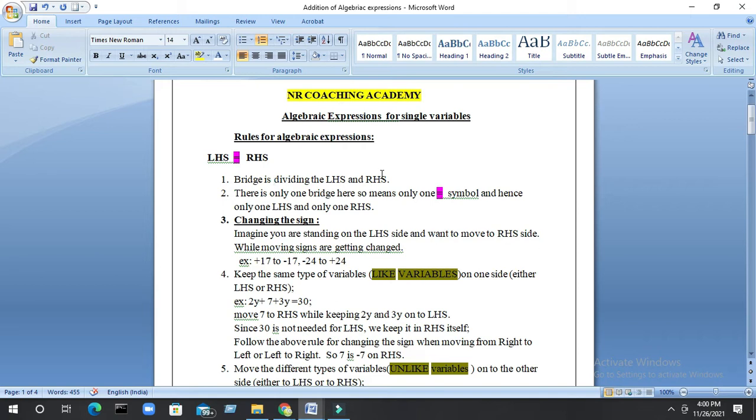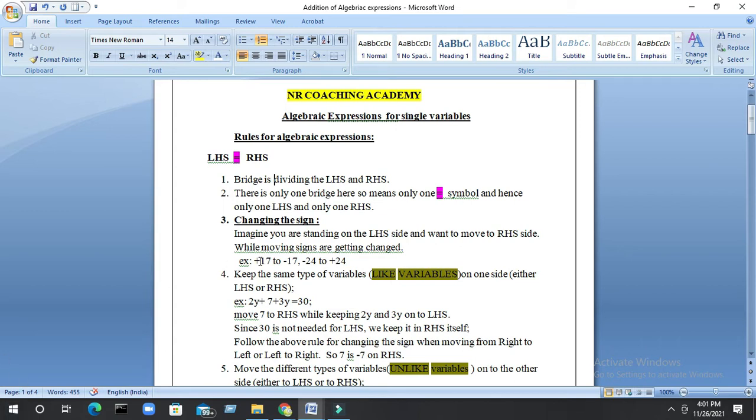Since you are crossing the bridge, imagine that you are moving from your left hand side to the right hand side, and while you are doing that, the sign gets changed. That is the symbol for movement from left hand side to right hand side. And of course the same thing happens when you are moving from right hand side to left hand side.